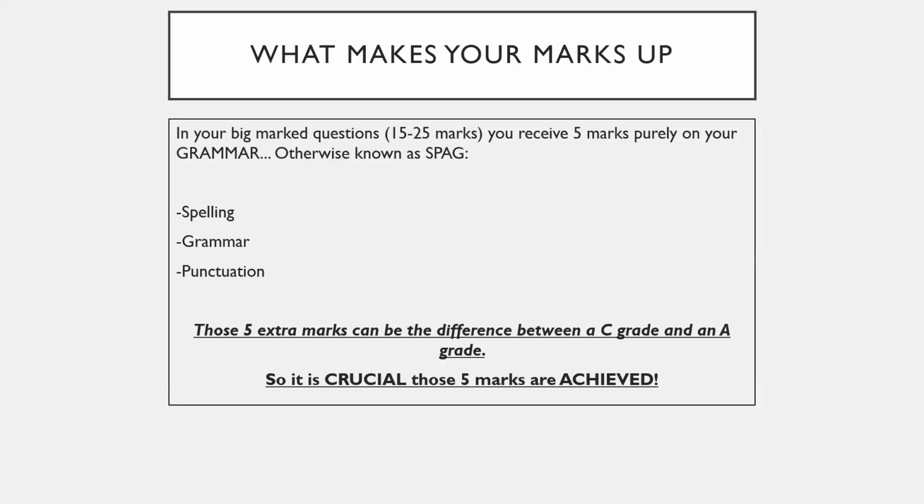And it's really crucial that we try and achieve these extra 5 marks, because that can be the difference if you're on borderline C, going on to B, borderline B, on to A. Those 5 marks can be the difference of achieving those really good grades. And losing out can be so disappointing for you. It's really easy marks. So really focus on your spelling, grammar, and punctuation.